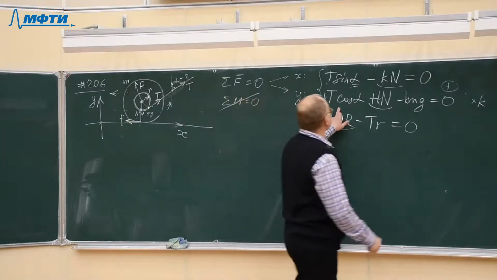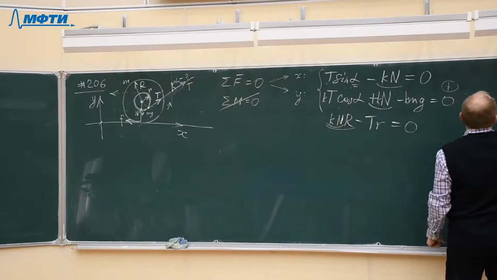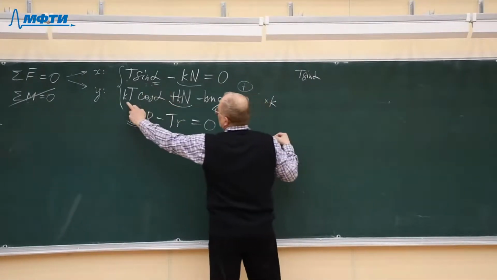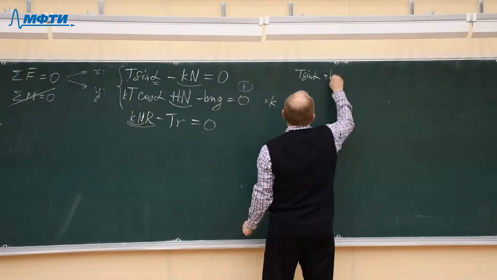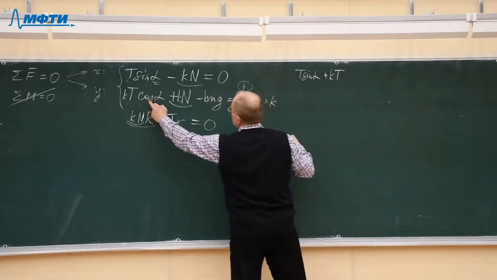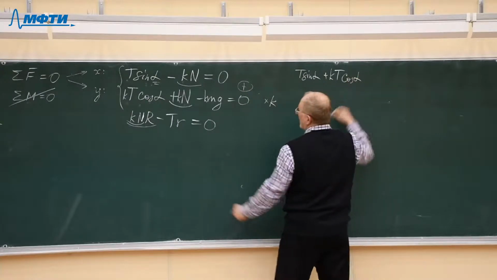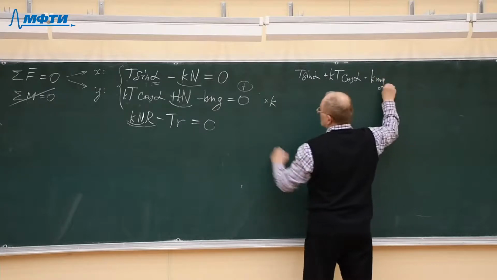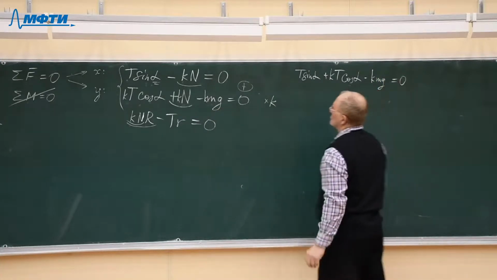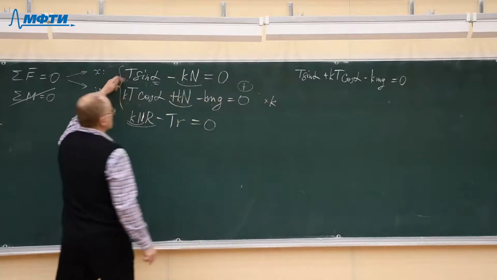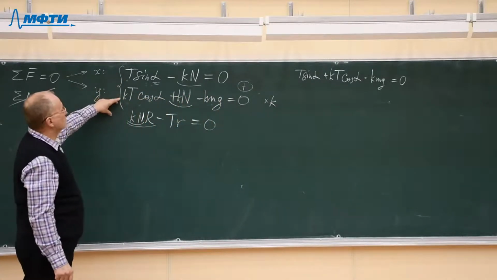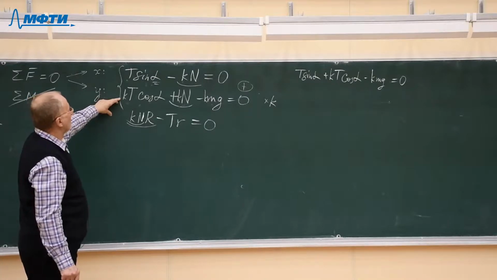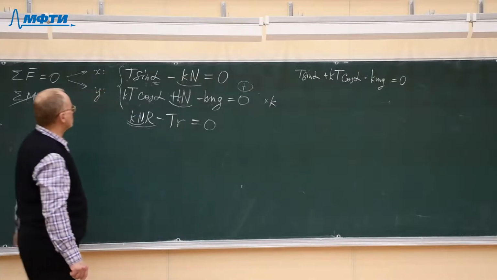That will give us T sine alpha, what remains from the first equation, plus kT cosine alpha, and the next term cancelled, minus kmg equals 0. That's the result of adding the two first equations. We got rid of this N. We don't need it.